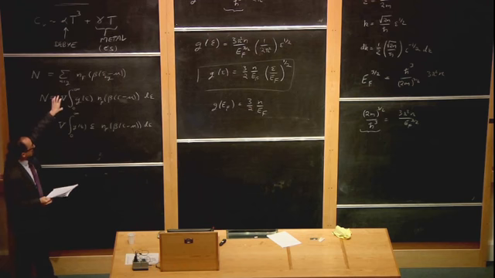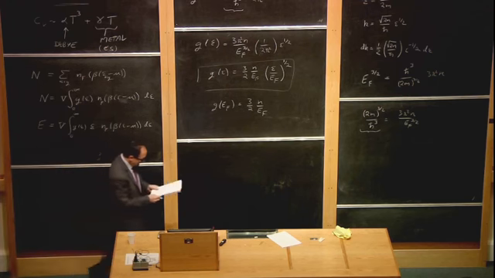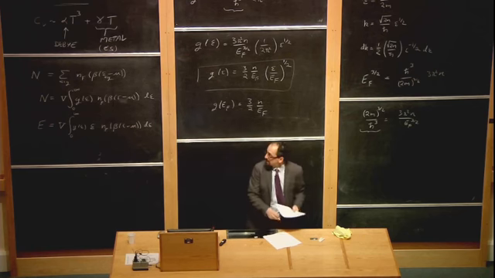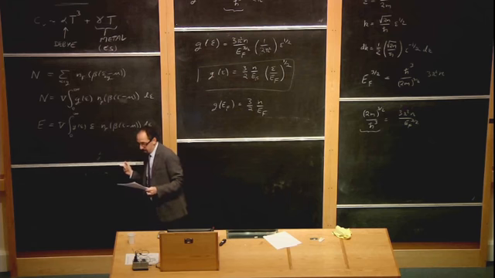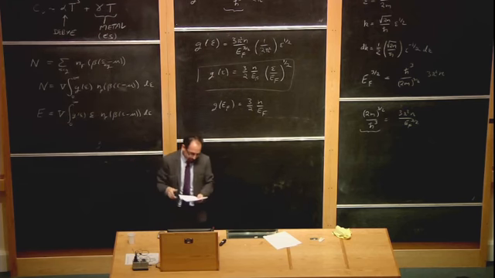You find the chemical potential first, then you find the energy. Once you know the chemical potential, you would know the energy as a function of temperature, and you could differentiate that to get the heat capacity. So in principle, from this kind of argument, you could get the heat capacity if you could do these integrals. The problem is that these integrals are really nasty, and that's why we're not going to do it this way.